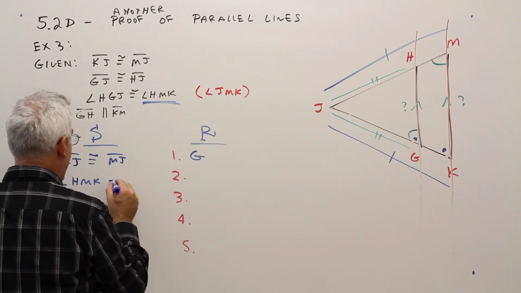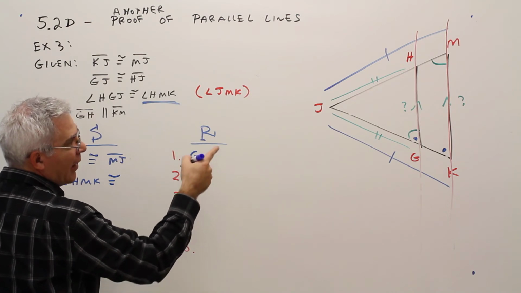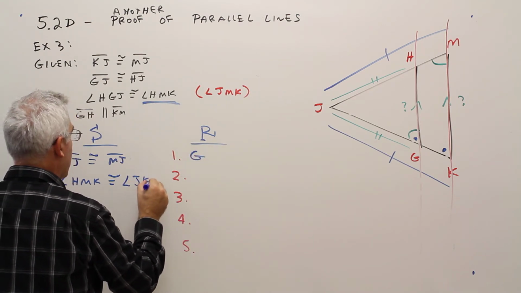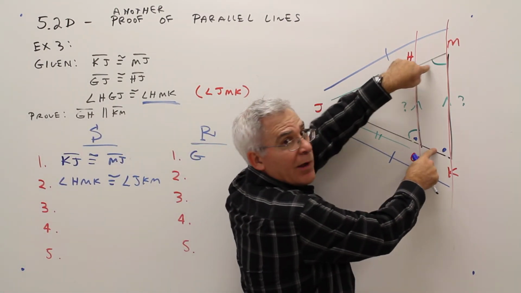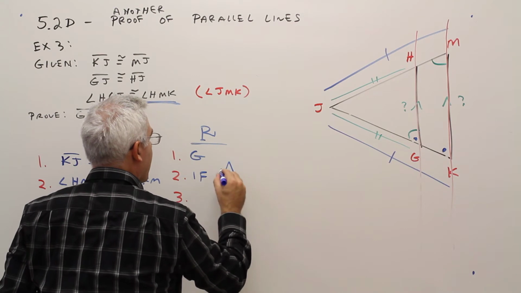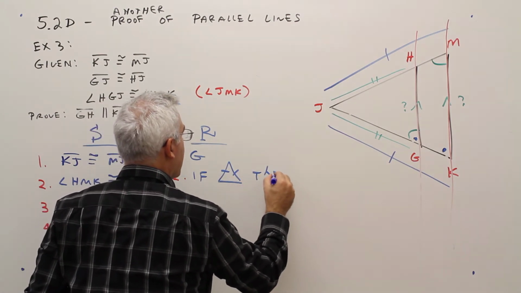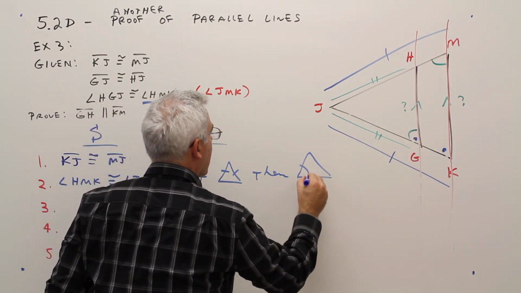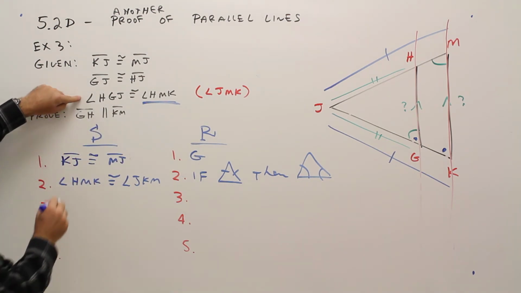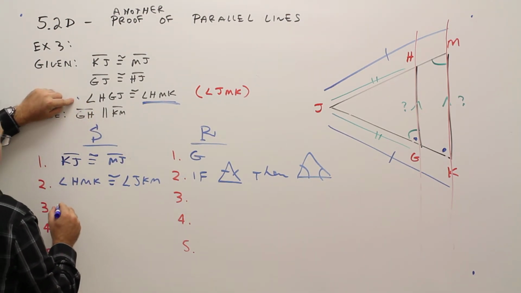So angle HMK is congruent to angle JKM. Again, that's just those two angles right there. And that would be if sides are congruent, then angles are congruent.